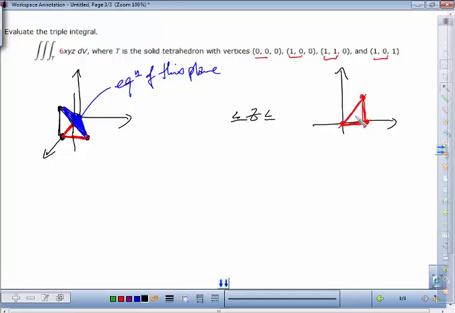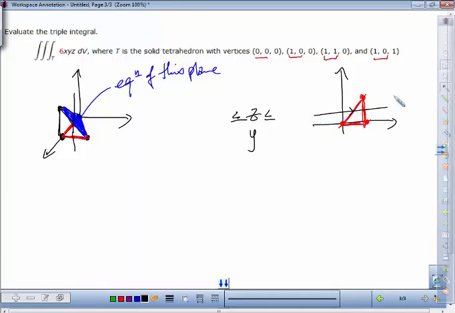I may want to integrate with respect to y first, and I'll tell you why. It's because if I integrate with respect to y first, I'm going to have a 0 to some point. Now, imagine if I said I want to integrate with respect to x first. If I integrate with respect to x first, I'd be going into this function.